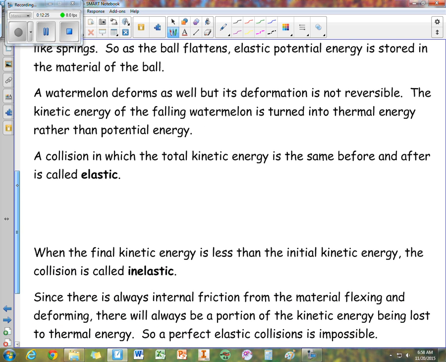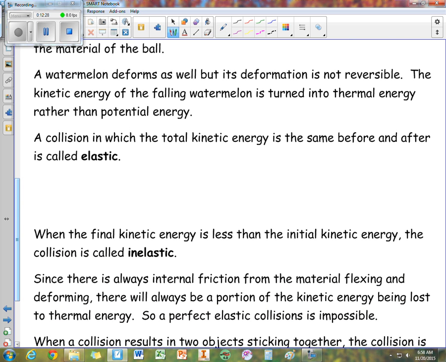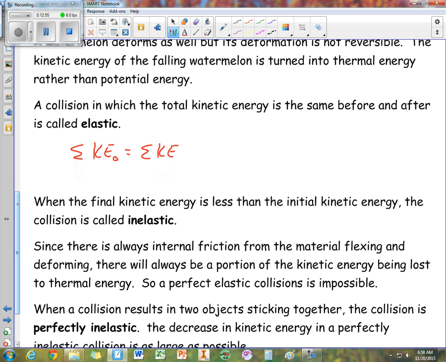So when we go to classify collisions, when the total kinetic energy is the same before and after, which means it's conserved, we call that an elastic collision. In an elastic collision, the total sum of all kinetic energy before the collision will equal the sum of all kinetic energy after the collision. So if we have two objects that are going to hit, their initial should equal their final.